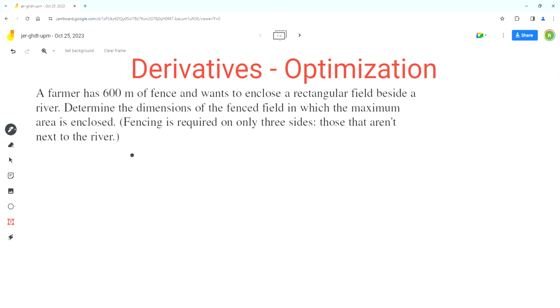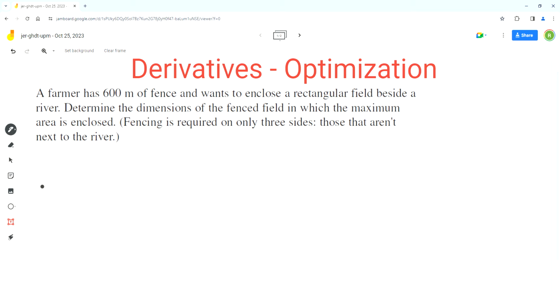So the first step here is to draw a diagram for this problem, and the diagram will be a rectangle. Now here the rectangle has a fence, and the total length of the fence is 600 meters, and the fence is only required on three sides of that rectangle because there is a river along the fourth side.